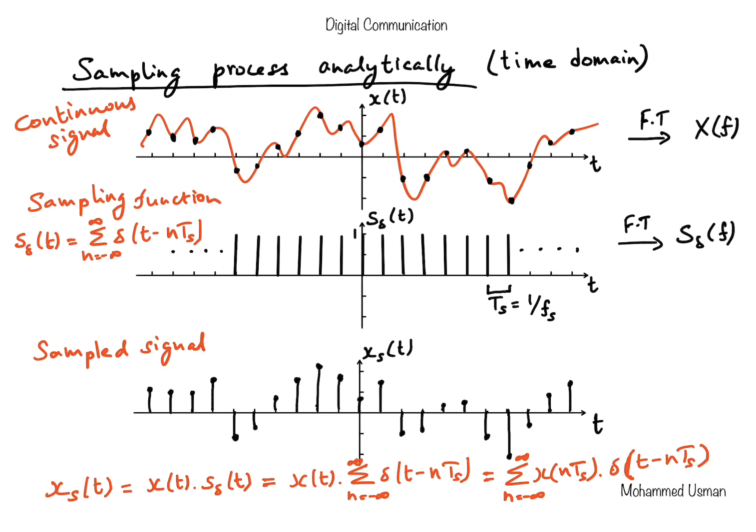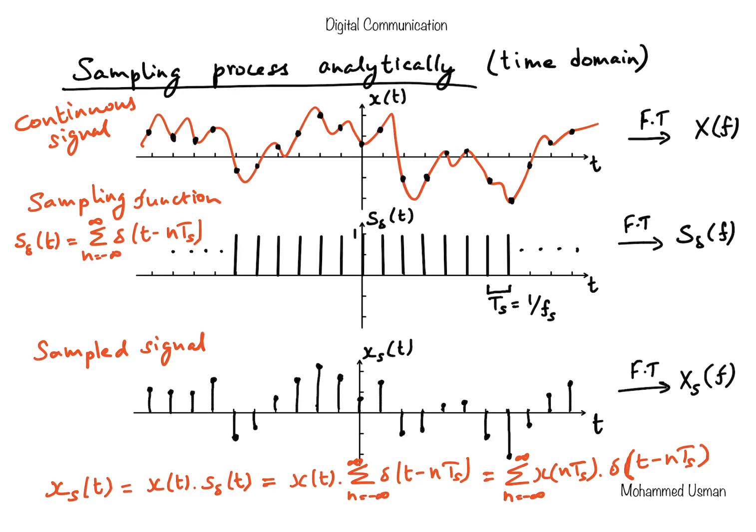And correspondingly, if we take the Fourier transform of the sampled signal, that should give us the spectrum of the sampled signal, which we would denote as X sub s of f.